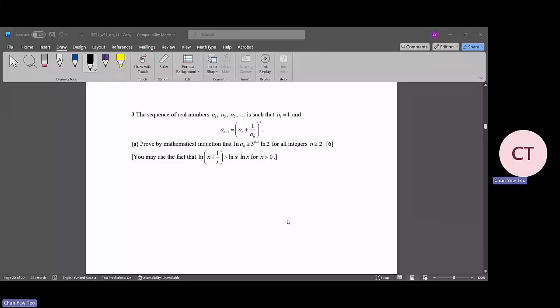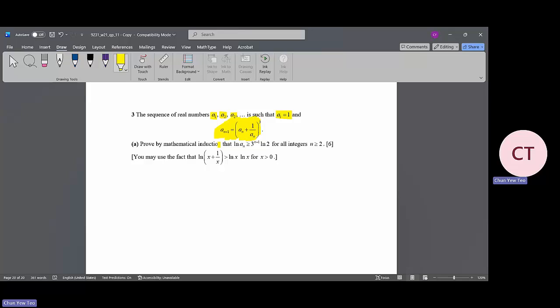Okay, now we take a look at question number 3, the sequence of real numbers. We are given a1, a2, a3, such that a1 is 1 and the rest of them behave in such a way that a(n+1) equals a(n) plus 1 over a(n) to the power 3.